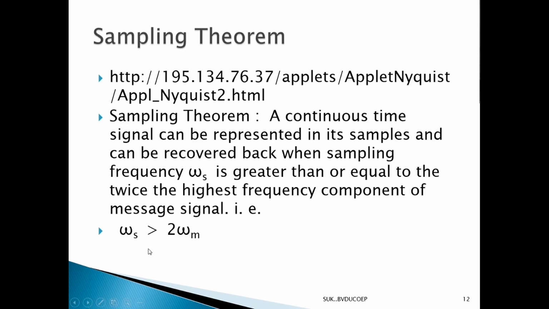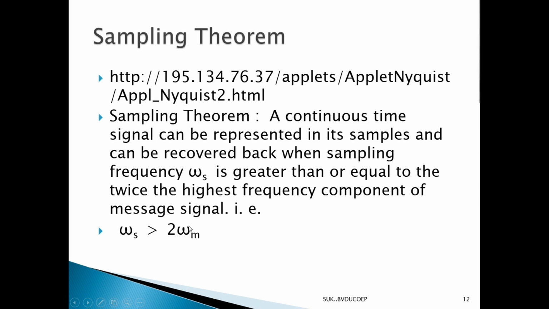What happens? This signal, whatever I am talking or whatever your photo, has different frequency components. It may have a number of frequency components. So to capture all the frequencies, I am taking samples of the signal.